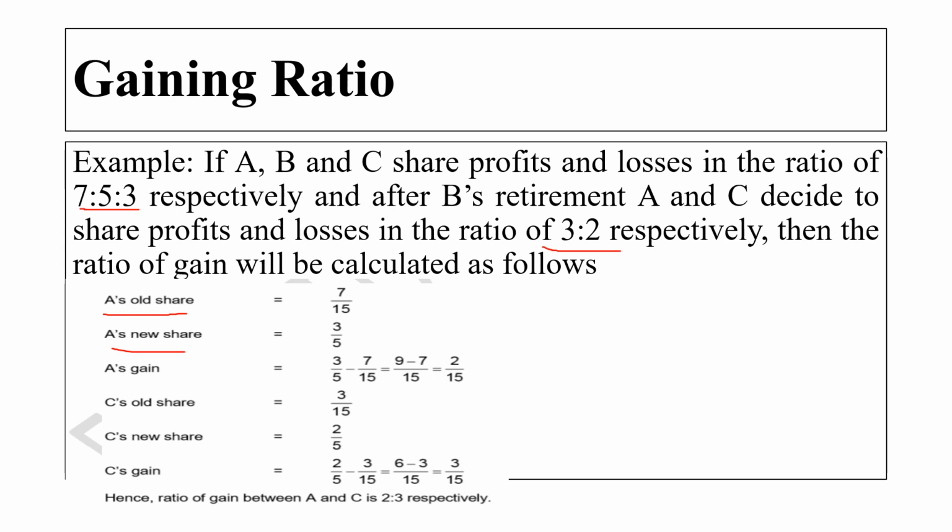The gain of A is 2/15. Then C: his old share is 3/15 and his new share is 2/5. The gain C is getting is new share minus old share, that means 6 minus 3. The gain of C is 3/15. That means the gaining ratio between A and C is 2:3 respectively. This is the gaining ratio.